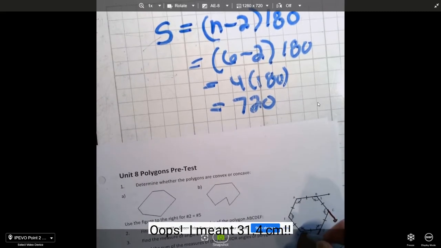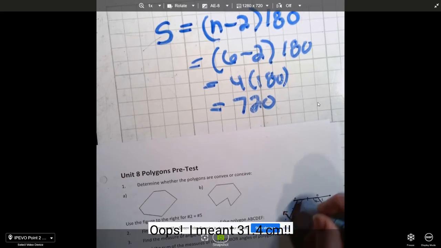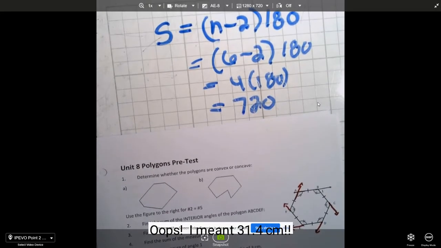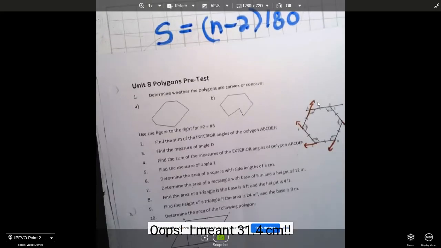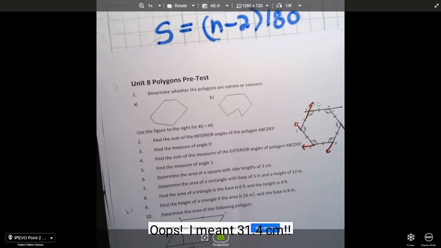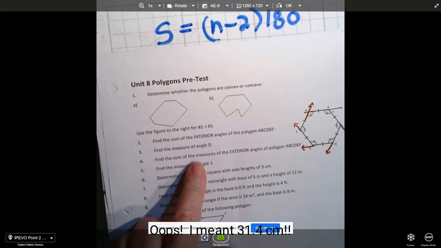So I'm going to have 6 exterior angles, 1, 2, 3, 4, 5, 6 exterior angles. But the sum of those exterior angles always adds up to 360. It doesn't matter what the polygon is, it's always going to add up to 360. So the answer to number 4 would be 360 degrees.